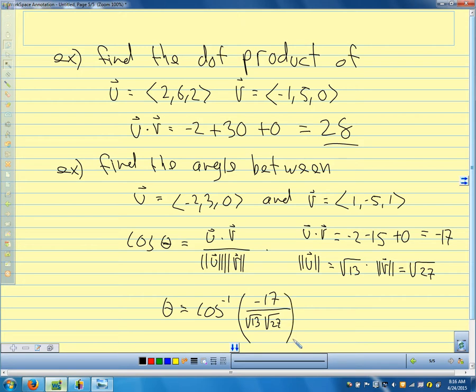So before we even plug that into our calculator, let's think about this for a second. The cosine of our angle is negative. What does that tell us about our angle? Our angle is between 0 and pi, so between 0 and 180 degrees. And the cosine is negative, so it's greater than 90 degrees. Our answer should be greater than 90 degrees, because on our unit circle, the x component is positive over here.